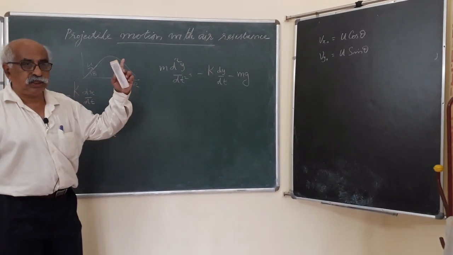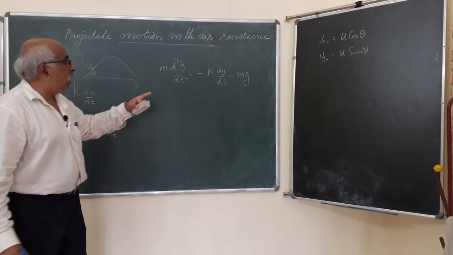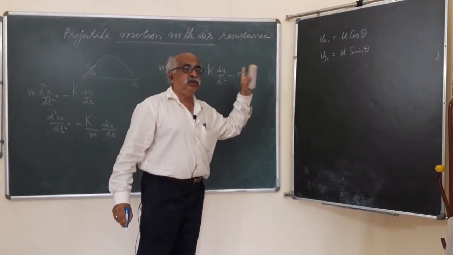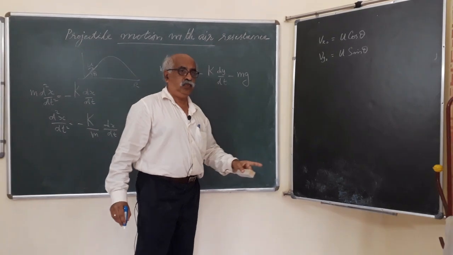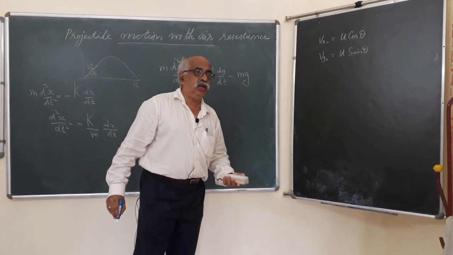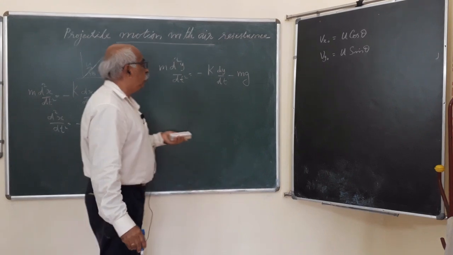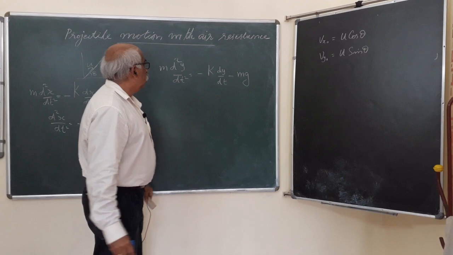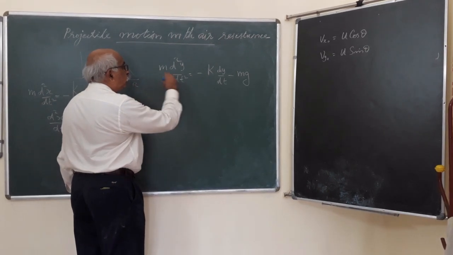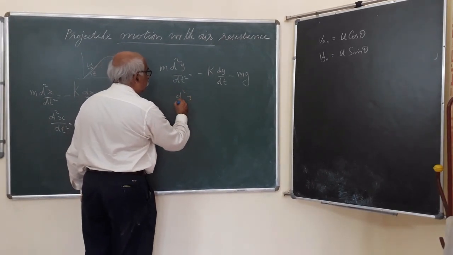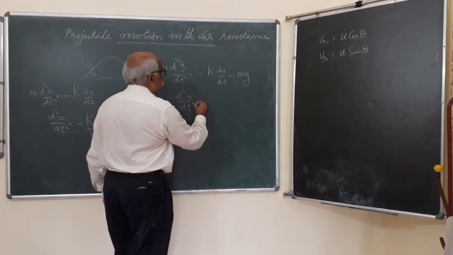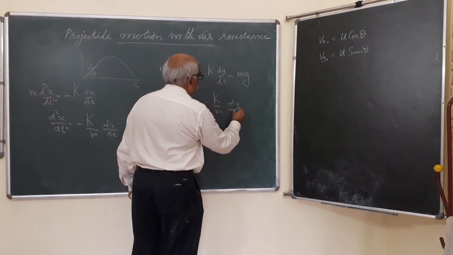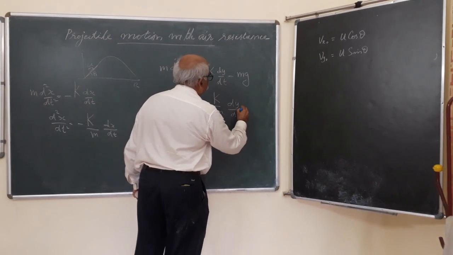Along the vertical direction, in addition to the air drag or air resistance, there is the force due to gravity, which is always acting vertically downward. All distances from the horizontal upward are taken as positive, and this force is always acting downwards. Now, dividing throughout by m, we get d square y by dt square is equal to minus k by m dy by dt minus g.